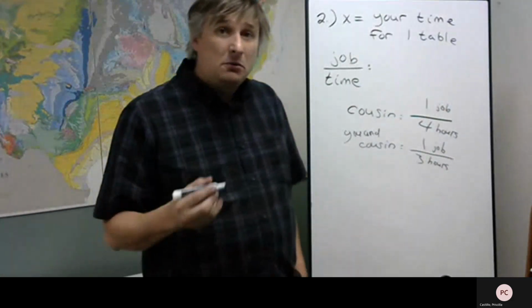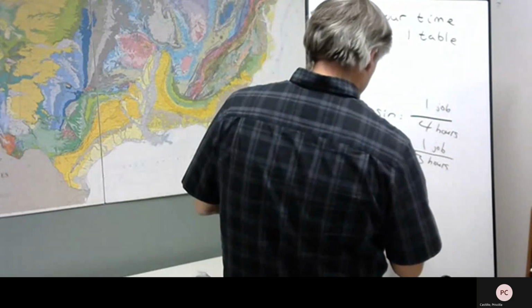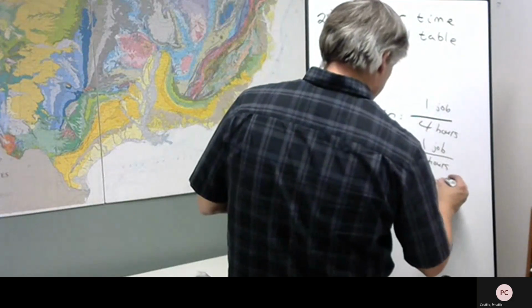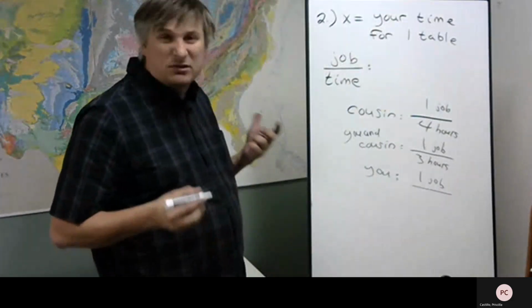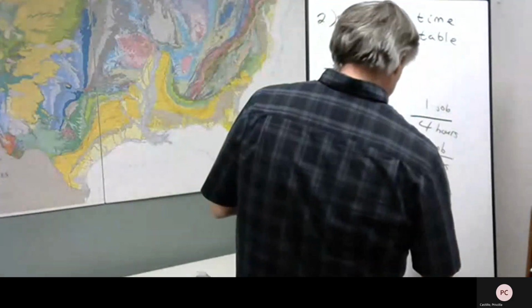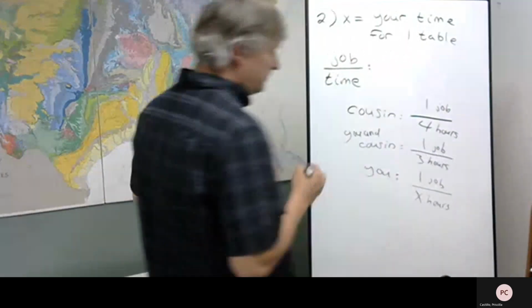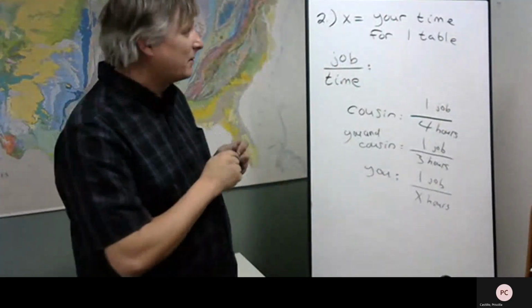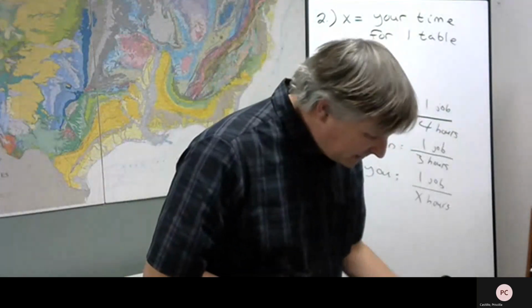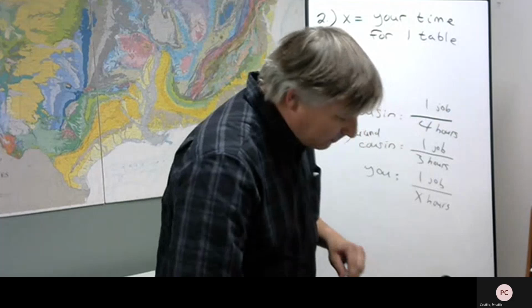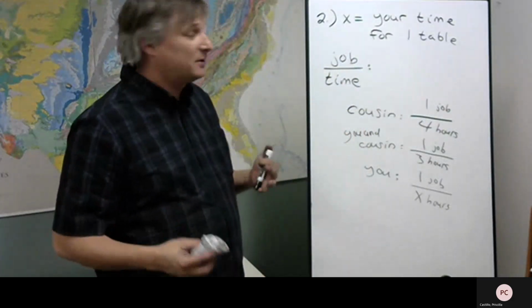Now what about you? Well, you can get one table or one job, and we're not sure what the time was, so we just called it X. You have one job over X hours. All right, now we should have enough material here to come up with an equation.